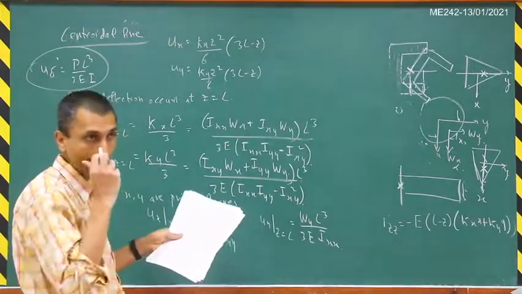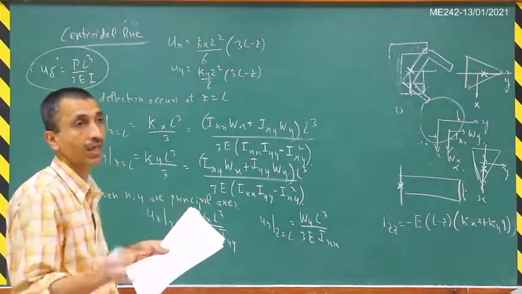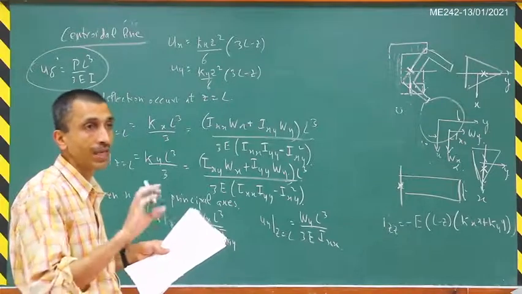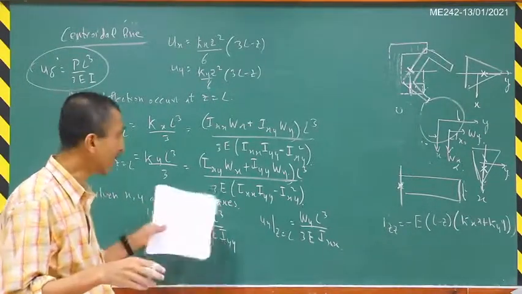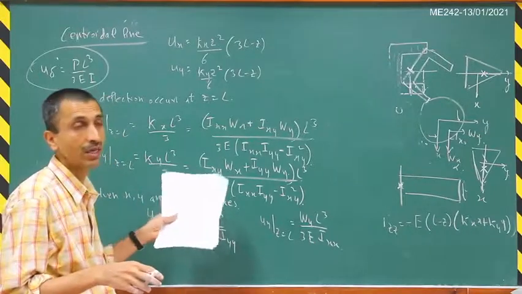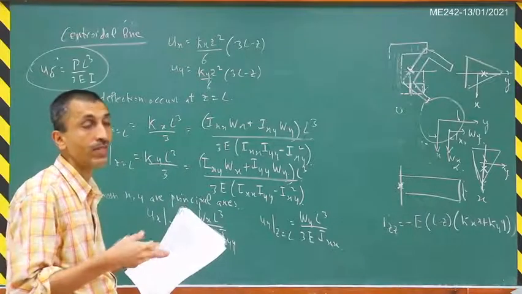If you recall in your strength of materials, we are assuming that the entire beam is bending in the same way as the center line. But here, in the more exact theory, we are assuming that there is a variation in the displacements across the cross section.